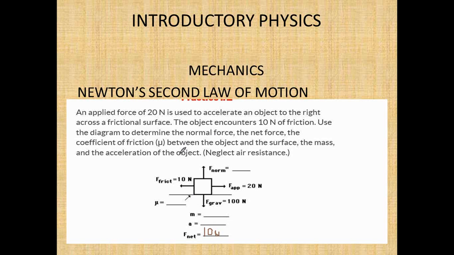Okay, all right. So then the next question: the normal force, we already determined that, the net force, and then the coefficient of friction between the object and the surface. We know that the frictional force is equal to the coefficient of friction times the normal force.